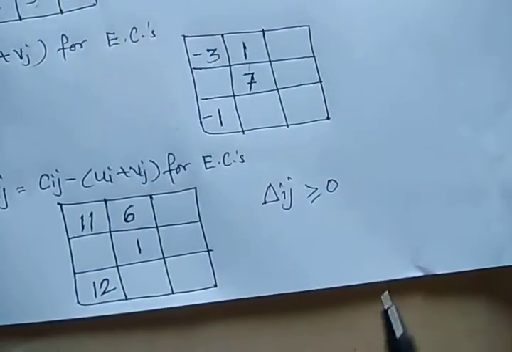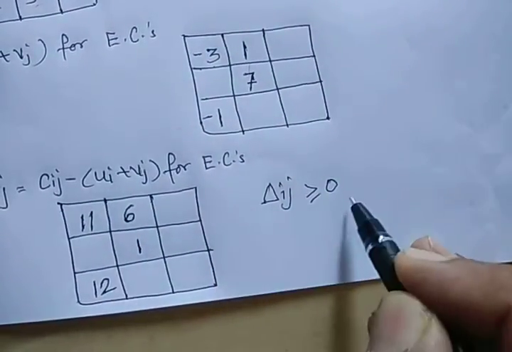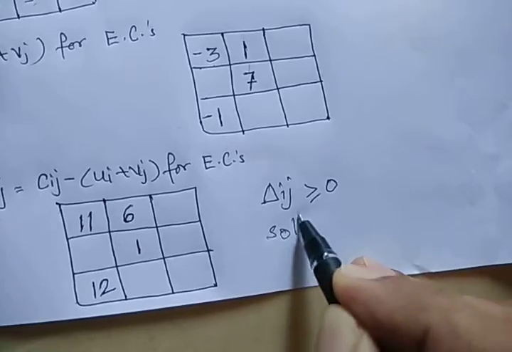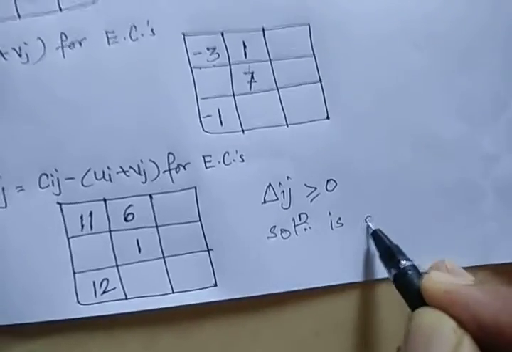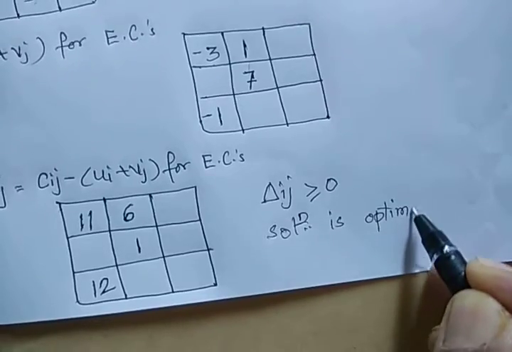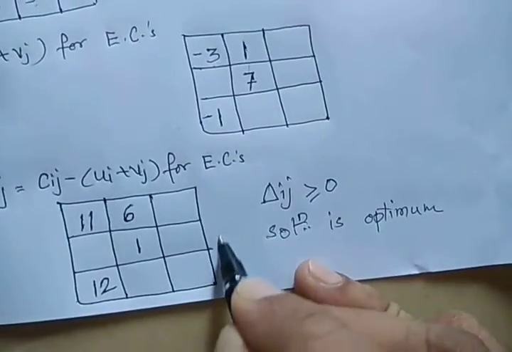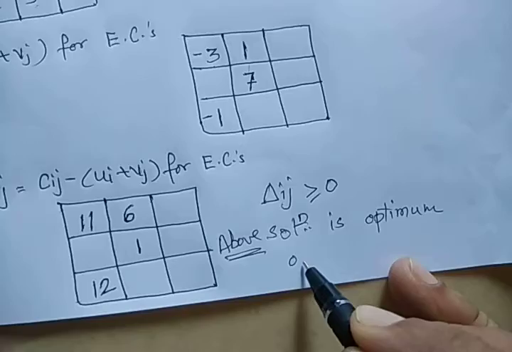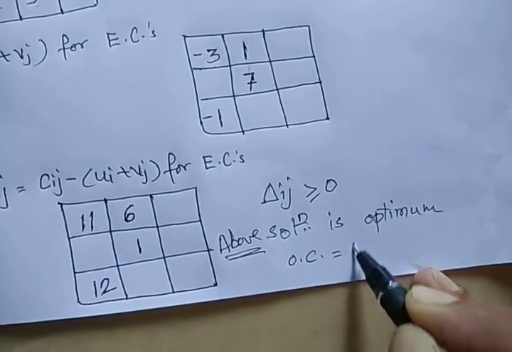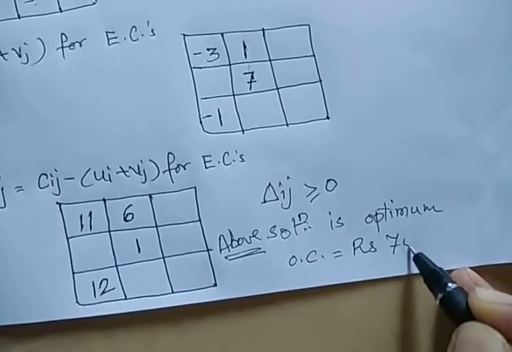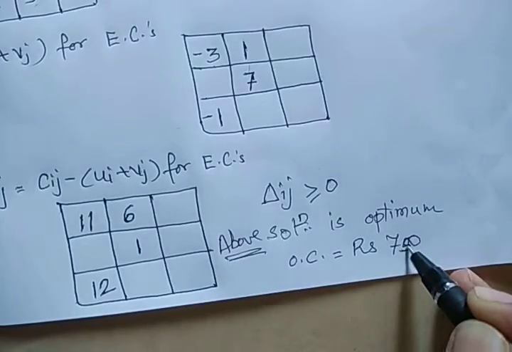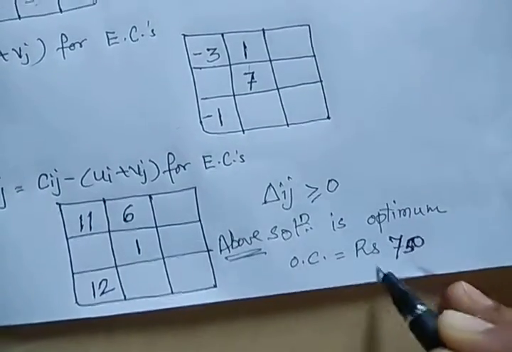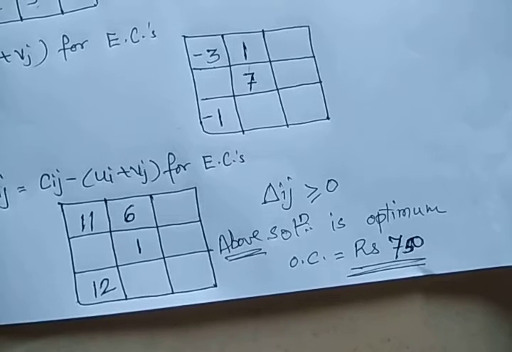If I get all delta Ij values greater than or equal to 0, we say that the above solution is an optimum solution. So therefore optimum cost is equal to rupees 750. Means the initial transportation cost that we have found, that itself is an optimum transportation cost.